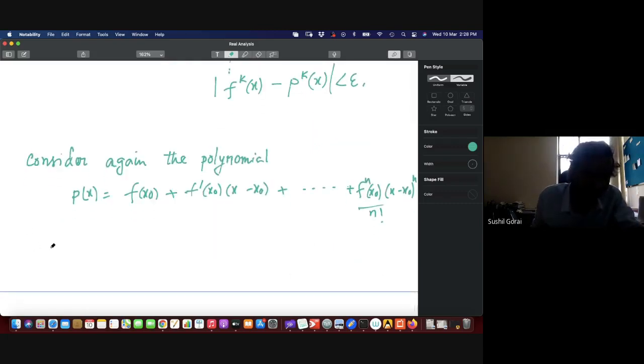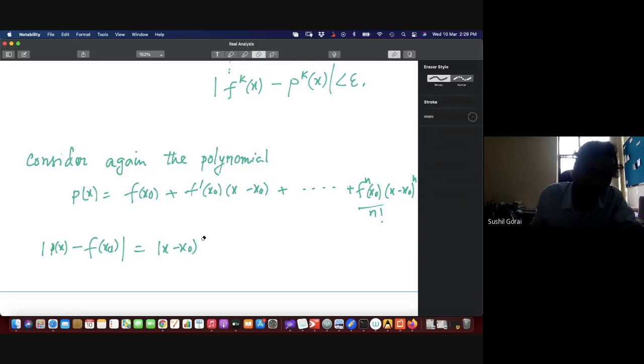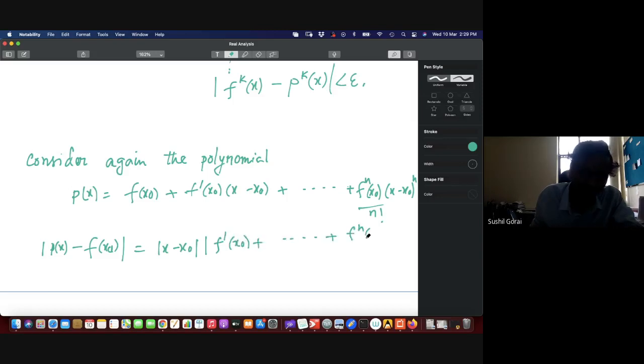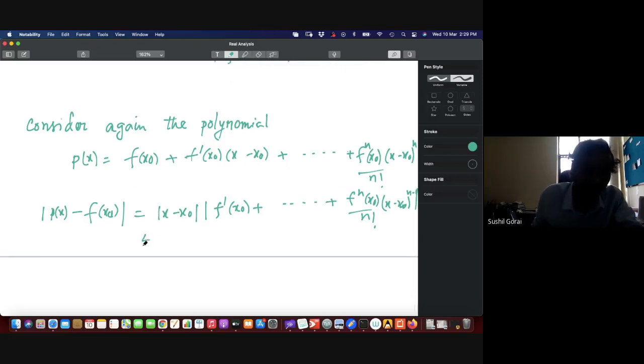Now if you look at mod of p x minus f x naught, which will be mod of x minus x naught times mod of f prime x naught plus however f n x naught by factorial n times x minus x naught power n minus 1, right? So this will be less or equal to some m times x minus x naught. So this is very close, right, when x is close to x naught.